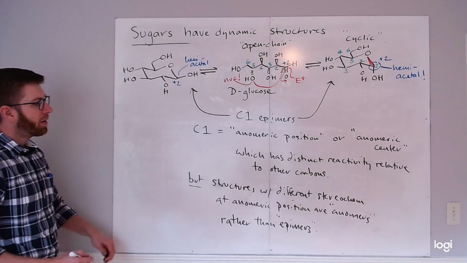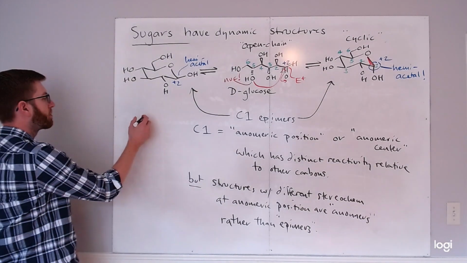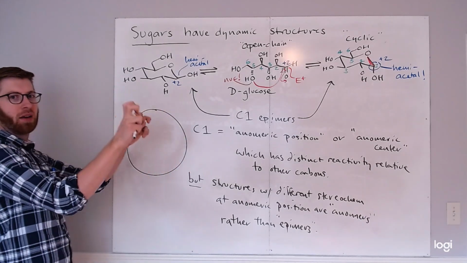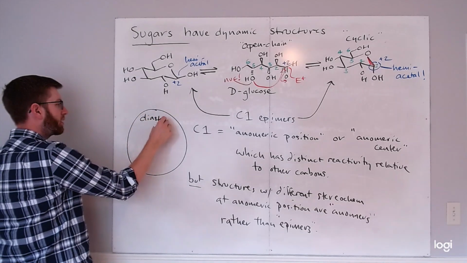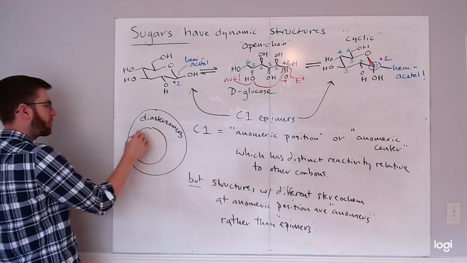So we can think about this idea of anomers relative to epimers using a Venn diagram. Last time we met, we discussed the difference between diastereomers and epimers.